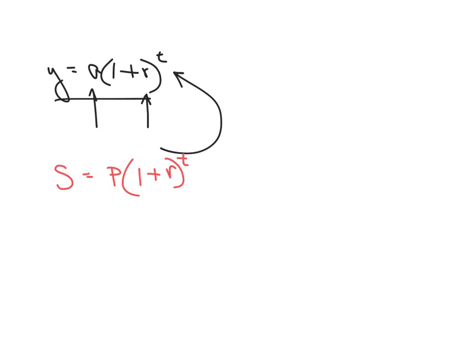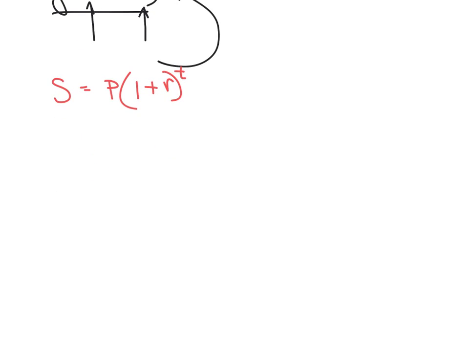So what if we compound our interest more often than annually? This is based on doing it annually. If we do, we have a different formula that we use. It's basically the same formula with just a little bit of a change.